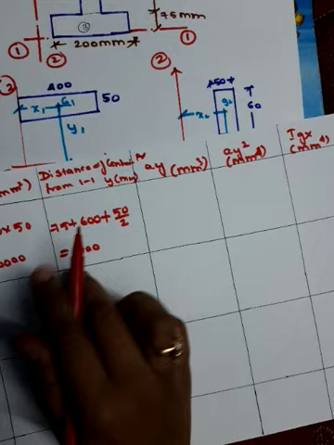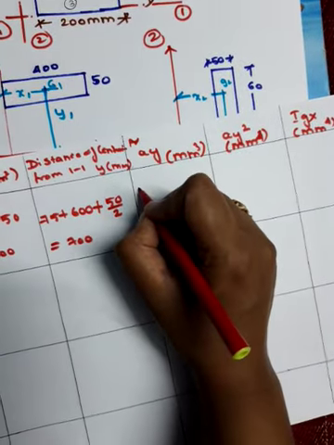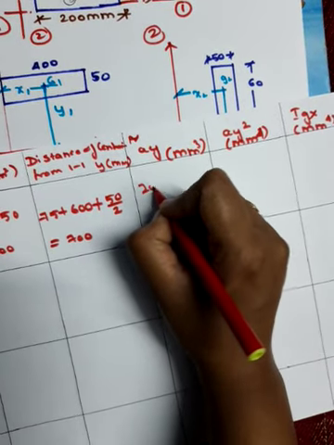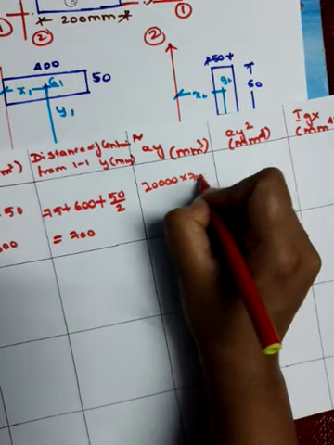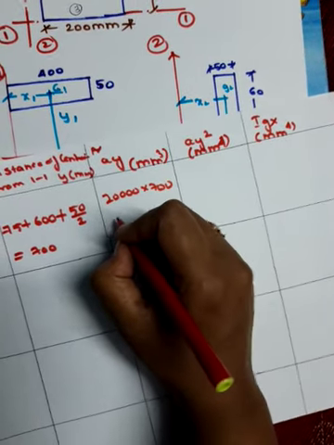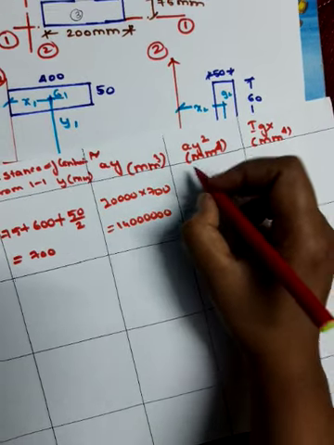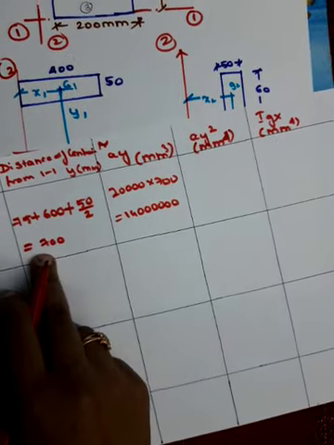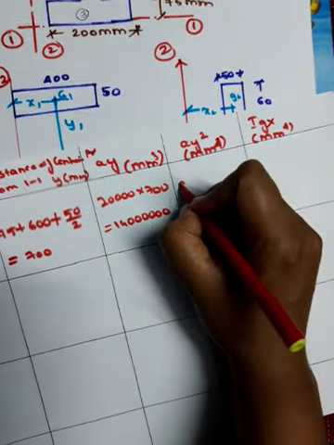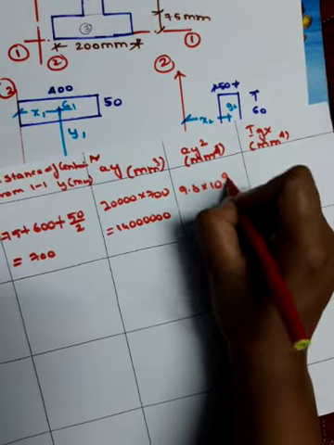Now A into y you just do: 20,000 multiplied by 700. So it is equal to 140,000. Then again A into y square you will be doing, so I will be getting 9.8 into 10 to the power of 9.